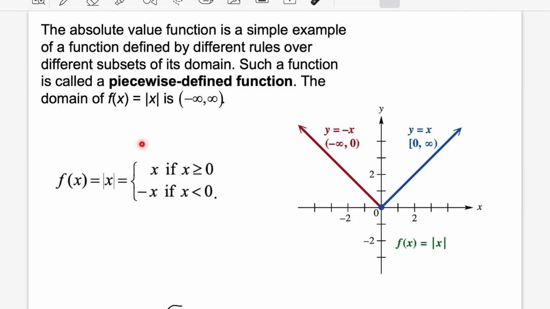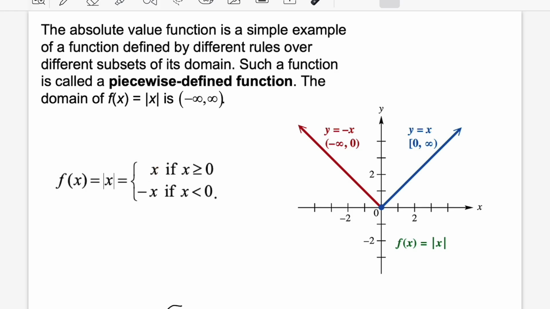So for example, this is the absolute value function that we just mentioned. This is a piecewise function because we have rules for our function for different regions of its domain. For the absolute value function, we know that for values of x that are greater than or equal to 0, our function is equal to x.